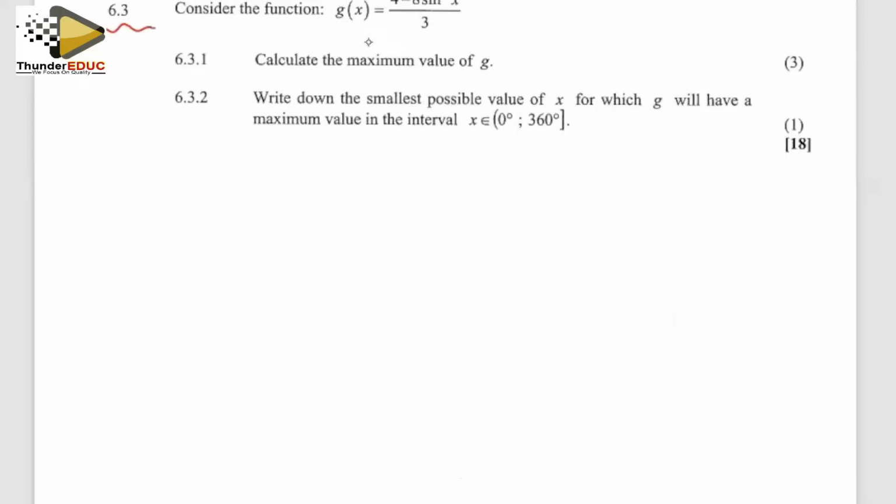Consider the function. Okay. Can we calculate the maximum value? So we know that maximum value relates more like to the amplitude. So the question is asking for the amplitude of this function. Okay, so what I have is sine squared of x.